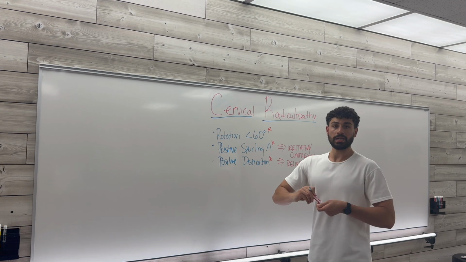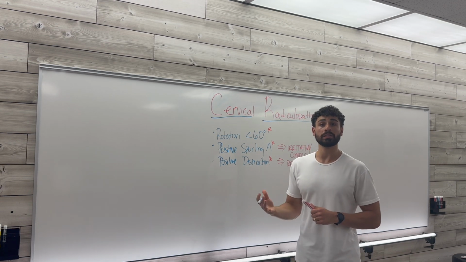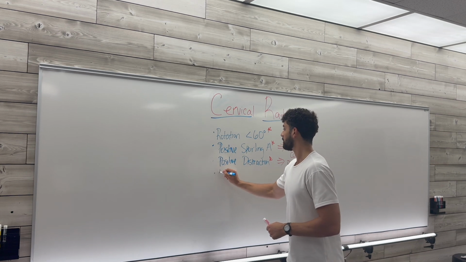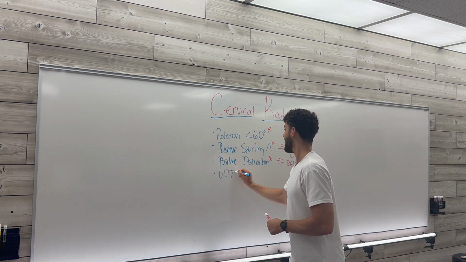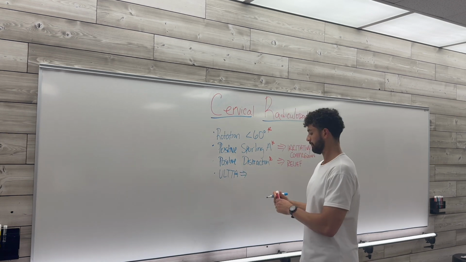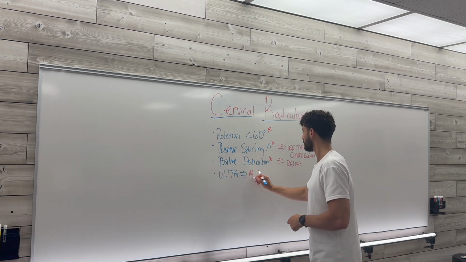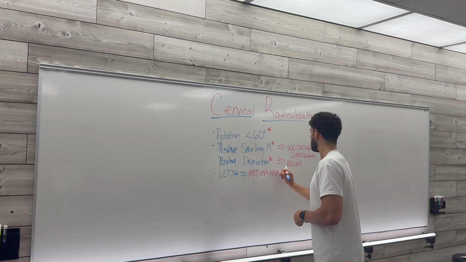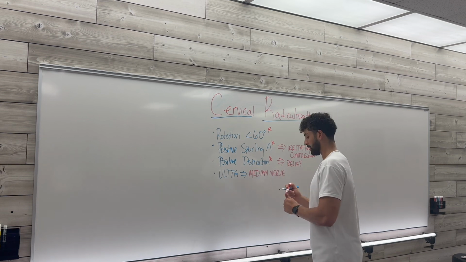And the last thing is putting the nerve on tension with an upper limb tension test, specifically upper limb tension test A. There's A, B, and C. This is for the median nerve. So our median nerve is commonly involved with the cervical radiculopathy.